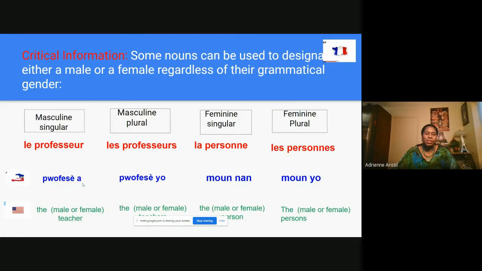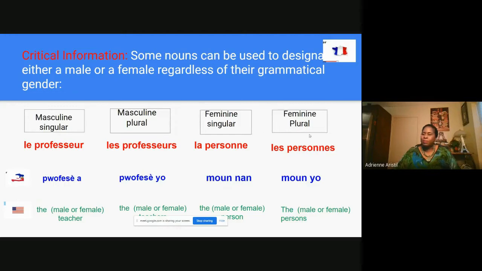I forgot to mention Creole. Professeur, when you're talking about a male or female teacher. Professeur yo for the plural. Now, to talk about a male or female person, you will say la personne.